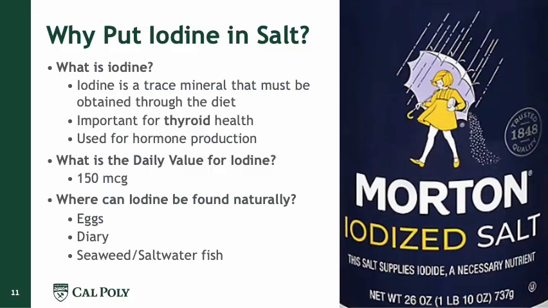So one of the types of salt is iodized salt, as we can see here from the image on the right. So why do we use iodine? Iodine is a trace mineral that is very important for our health, and we have to consume it through diet. And it's very important for thyroid health and hormone production.